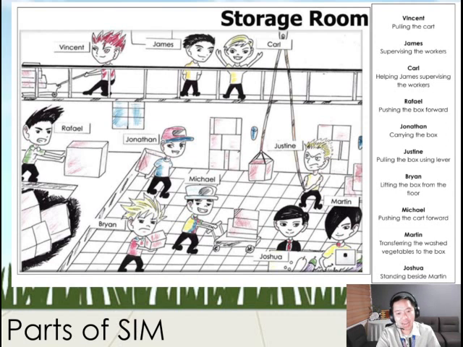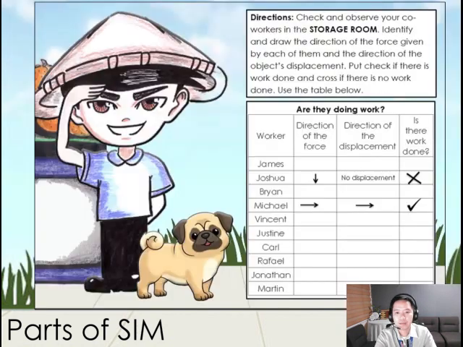They will have a better grasp of what they have to do. So here, what they are going to do is to have 2 arrows in each person. For example, Vincent pulling the cart. In my strategic intervention material, there are cut arrows where they can get these arrows from the specific part of the strategic intervention material and put them near Vincent, to indicate the direction of the force and the direction of the movement.